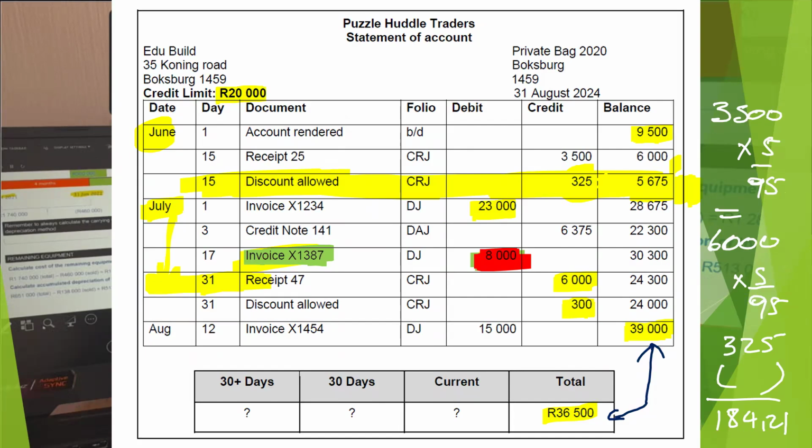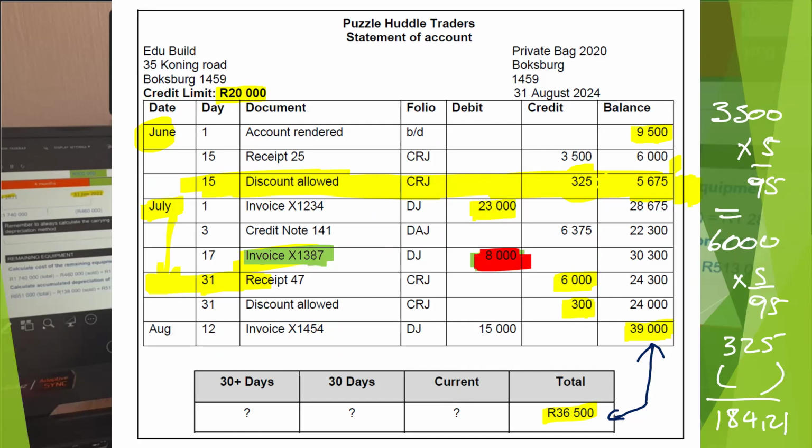You will simply take 325 and minus 184.21. It will give you 140.79.